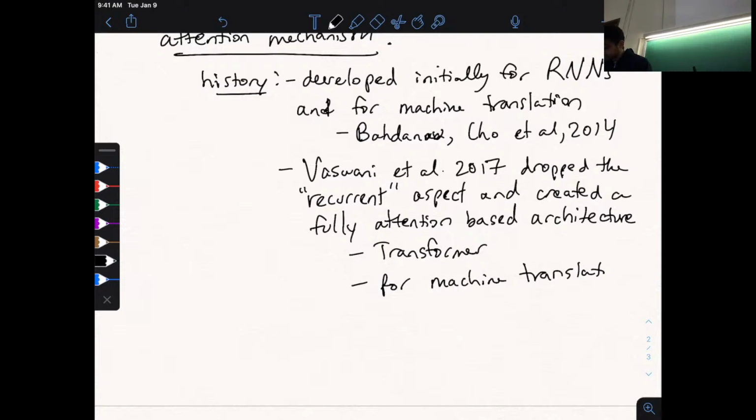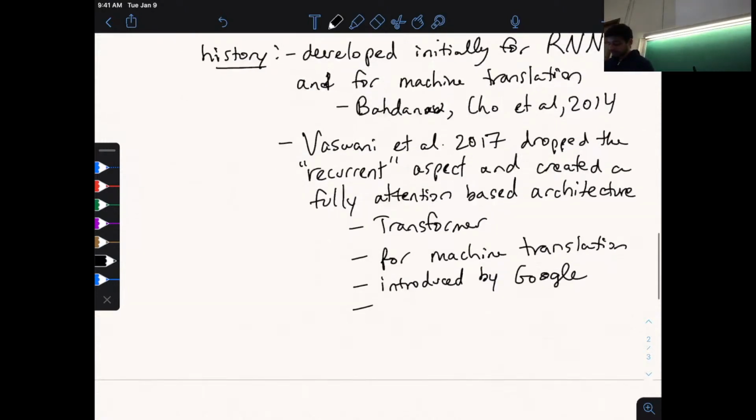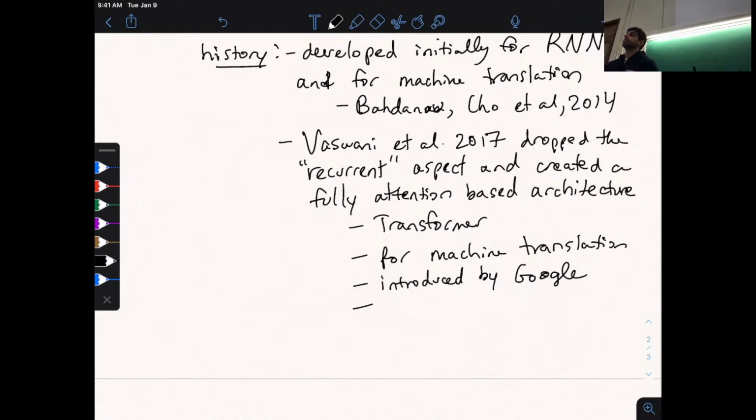Obviously now it's used more generally for language modeling and any sort of text processing task. It was introduced by Google. And now some people at Google are kind of sad that they just put out this paper instead of keeping it private and making their own giant language model. Instead, OpenAI took this and scaled it up and made ChatGPT, and now we are where we are today.